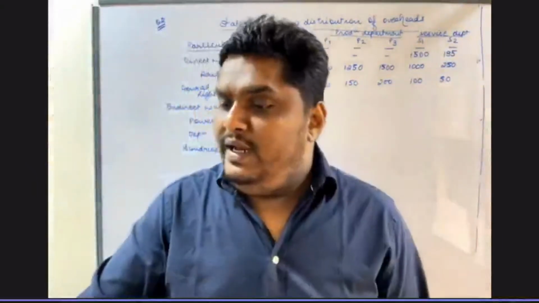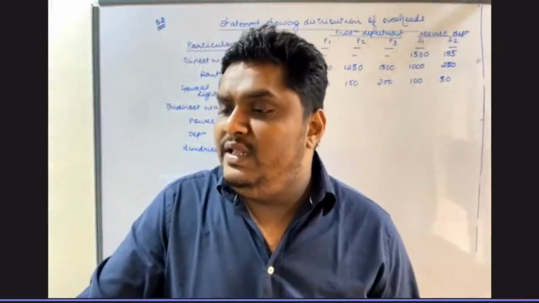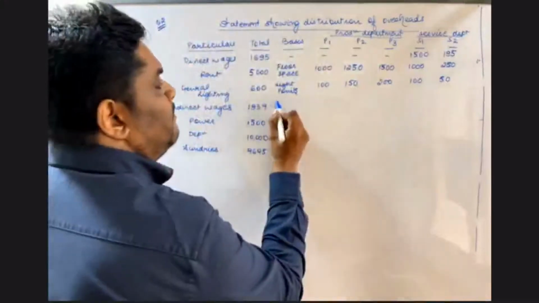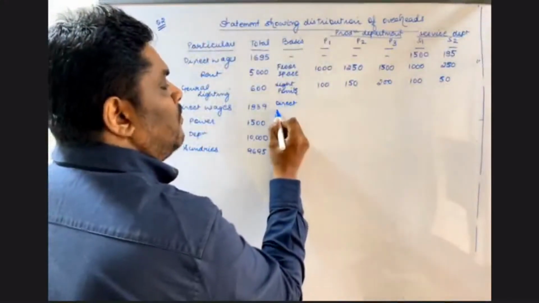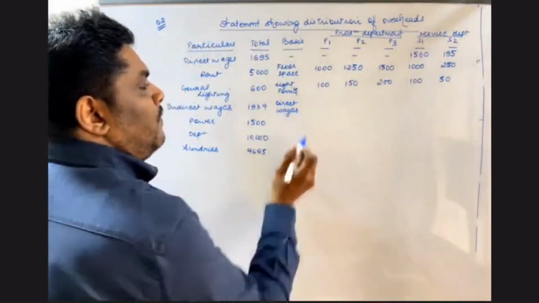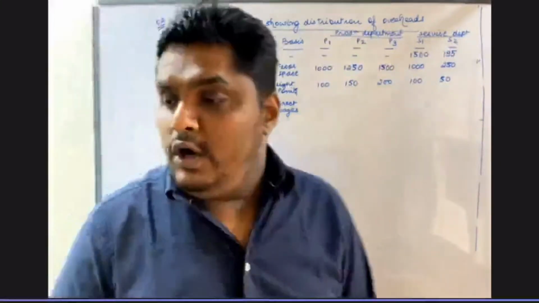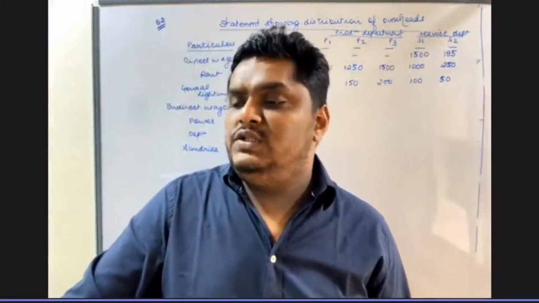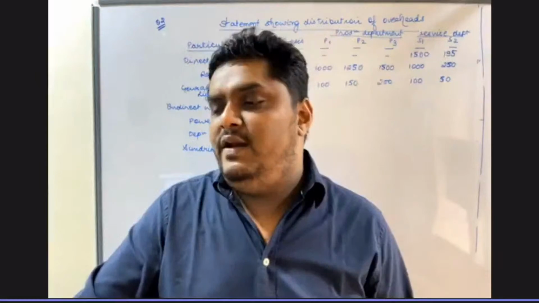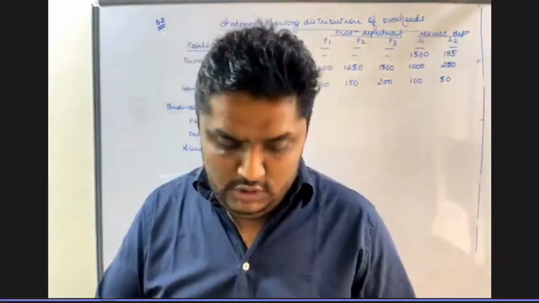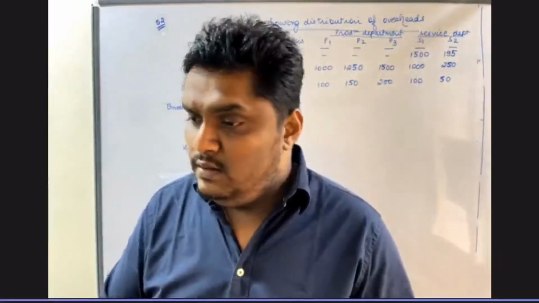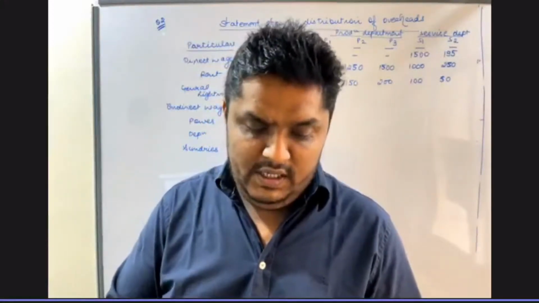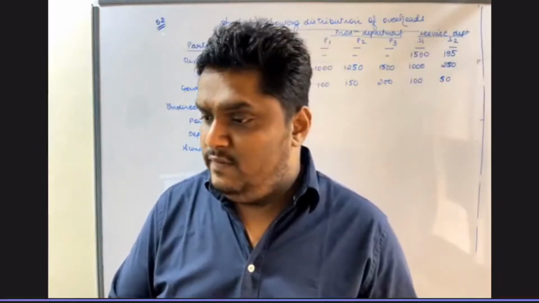When talking about indirect wages, it will be distributed in the ratio of direct wages. When talking about the ratio, it will be distributed in the ratio of 3000 is to 2000 is to 3000 is to 1500 is to 195. So 3000 plus 2000 plus 3000 plus 1500 plus 195, that is 695.